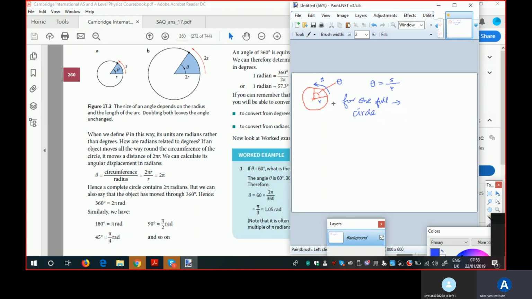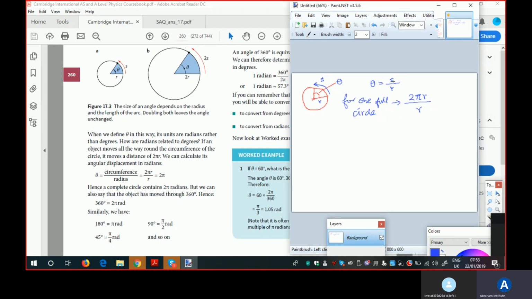What is it called? Circumference. Okay, so if you go all the way around, that is the circumference of the circle, and the equation for circumference of the circle is 2 pi r.